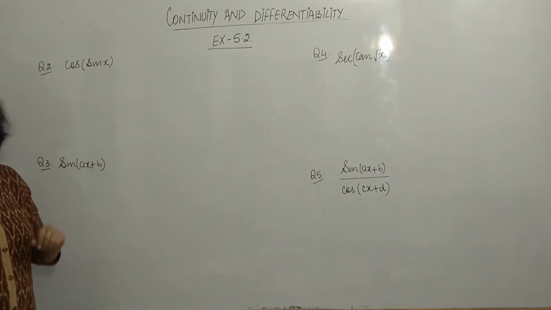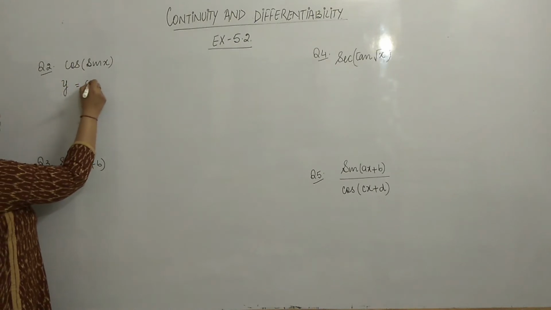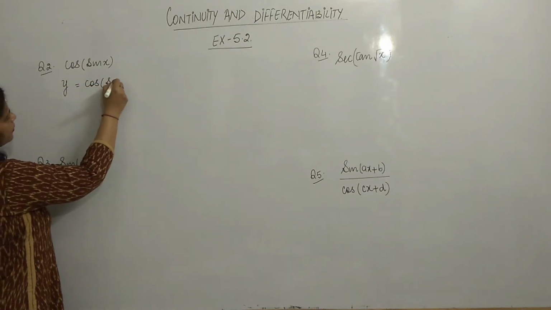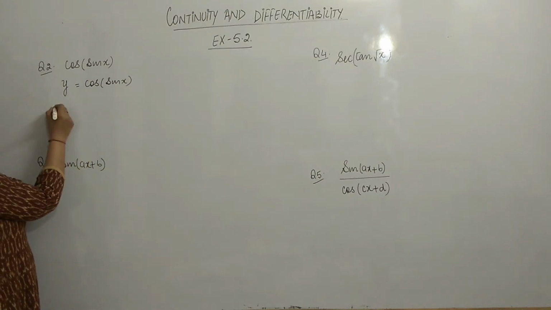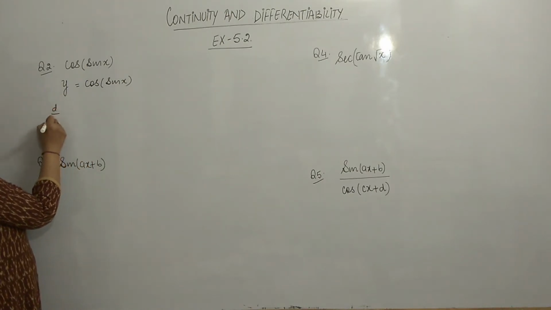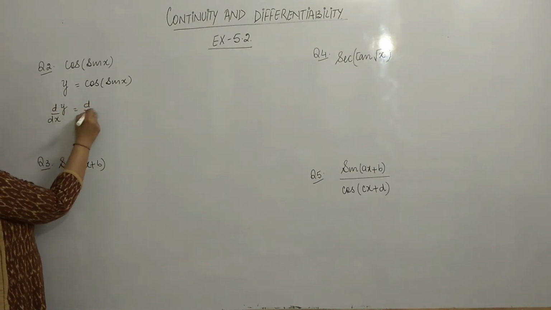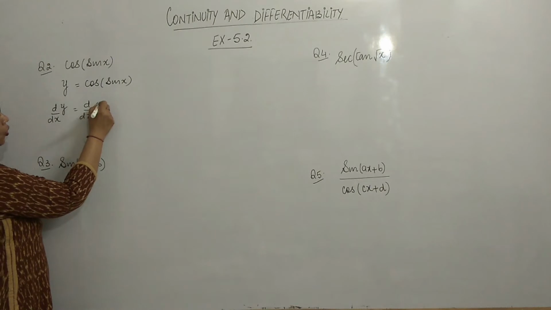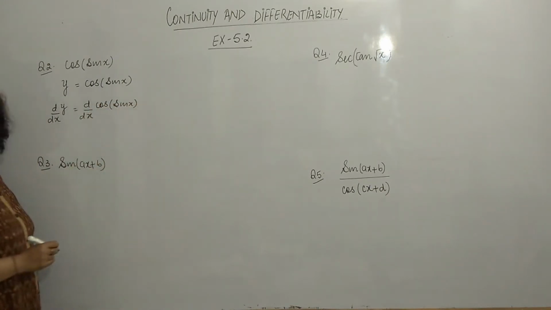Question number 2, cos(sin x). y is equal to cos(sin x). Again, differentiate both sides with respect to x. Differential means apply the operator d by dx to both sides. d by dx of cos(sin x). Right?